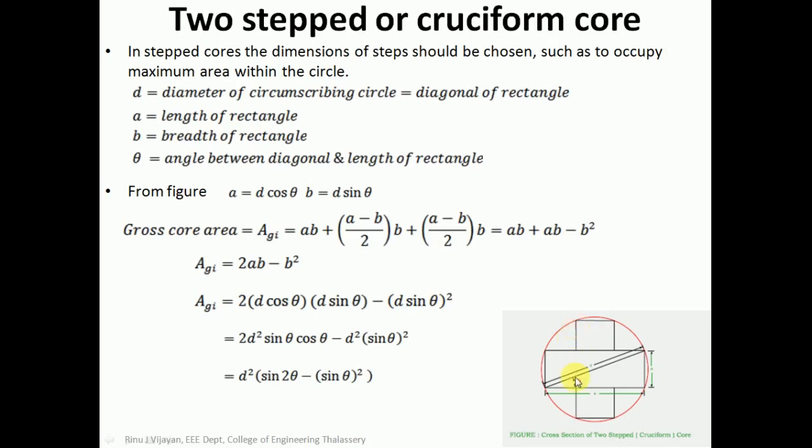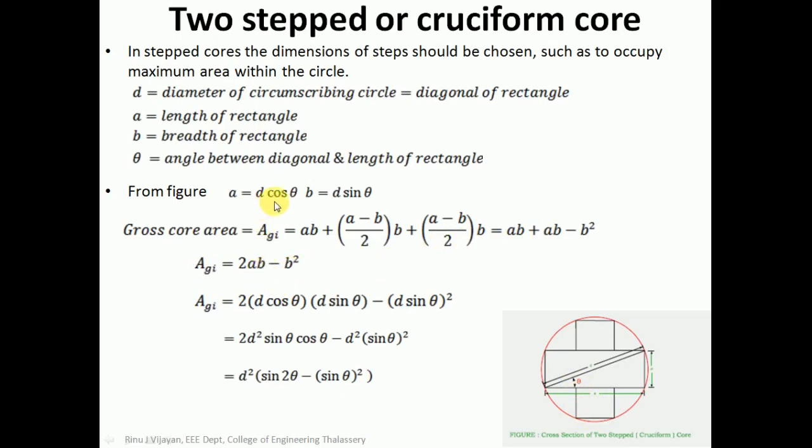This portion and this portion together will be A minus B. So definitely this single portion will be just A minus B by 2. And this is small b. So you can find the area of this portion by multiplying A minus B by 2 into B. Similarly, you can find the area of this portion also by multiplying A minus B by 2 into B. On solving this relation, we will be getting 2AB minus B square.